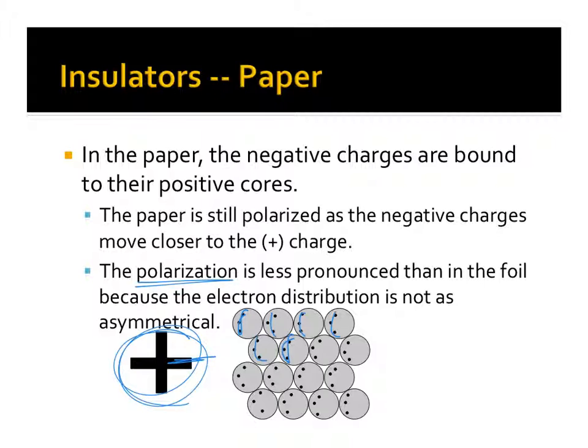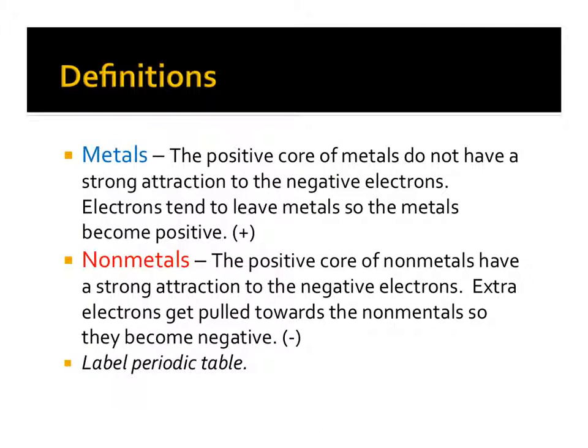We see this term polarization. In the conductors, the polarization is really strong and it allows those electrons to move, whereas here it's less pronounced. These two things fit well with our periodic table and our metals and our non-metals. On the left side of your periodic table, you'll see a little stair step drawn in there.